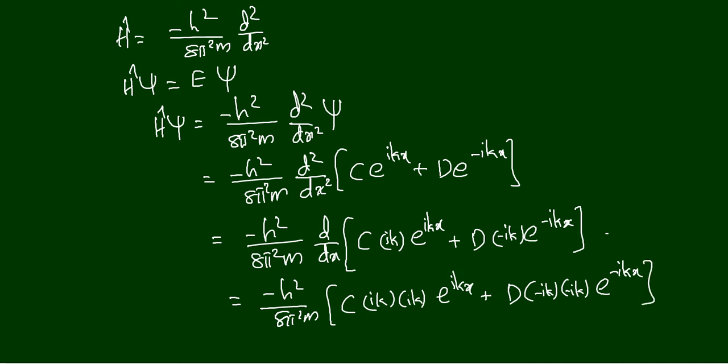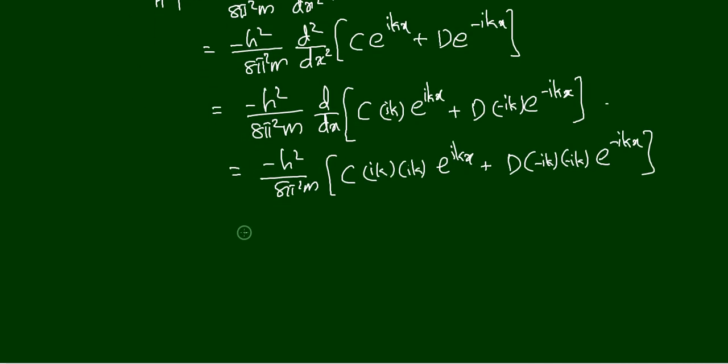We have (ik) square and (ik) square. This is ik the whole square, and this is also ik the whole square, because minus ik into minus ik is equal to ik the whole square, right?